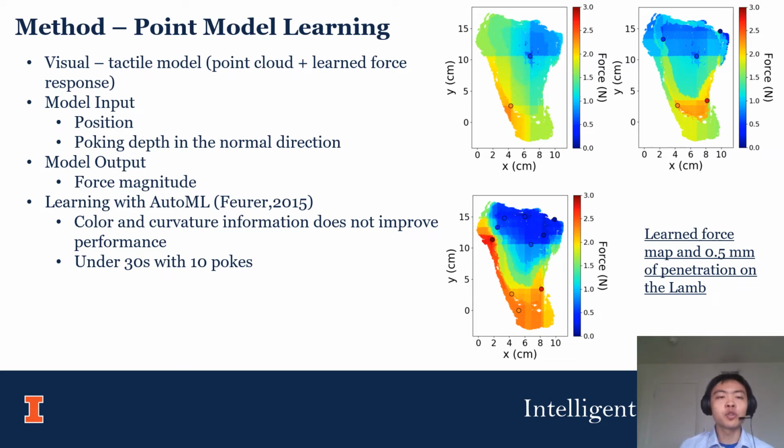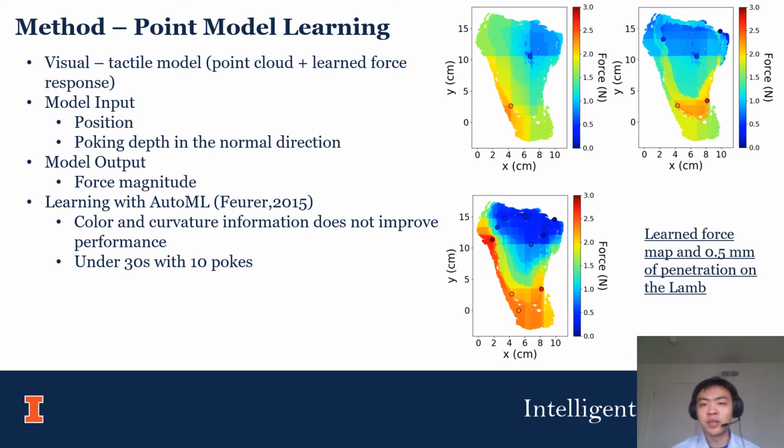We also tried including color and curvature information as the input of the model, but it does not seem to improve the performance. We are able to learn a reasonable point model in 30 seconds with 10 pokes of data.